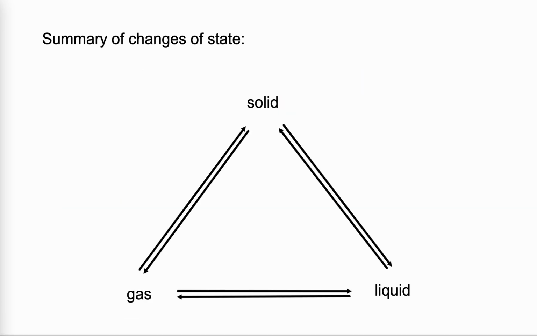So let's summarize and list by name the changes of state. From solid to liquid, that of course is called melting. From liquid to solid is freezing. From gas to liquid is evaporation. And from liquid to gas is condensation.